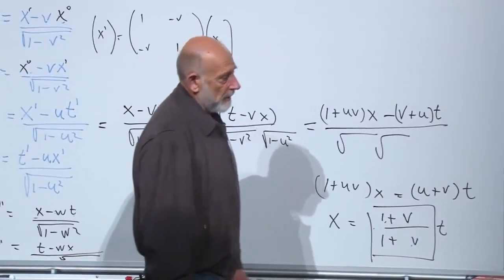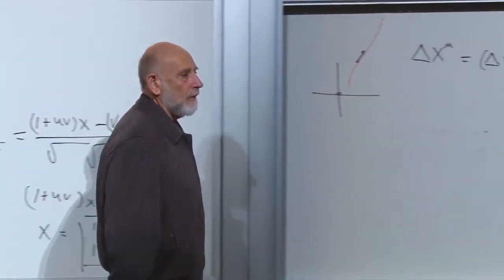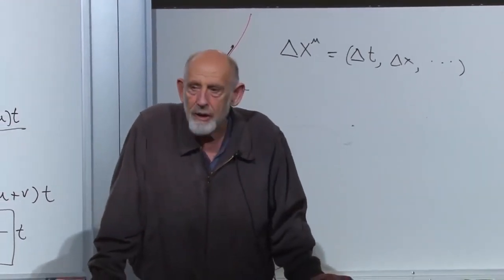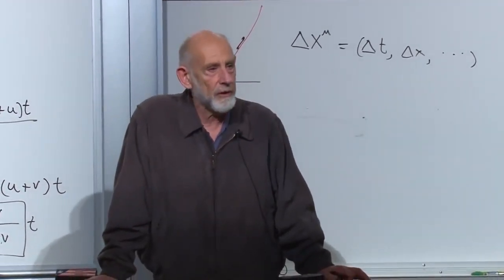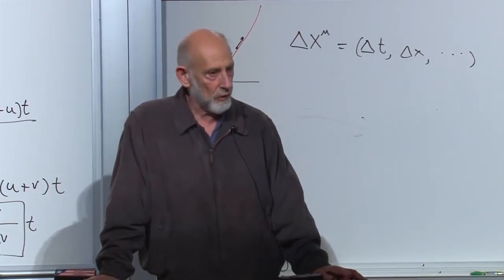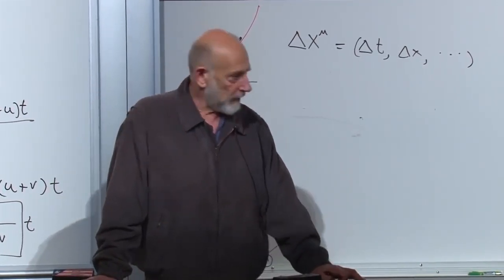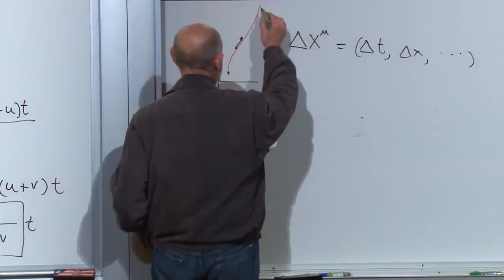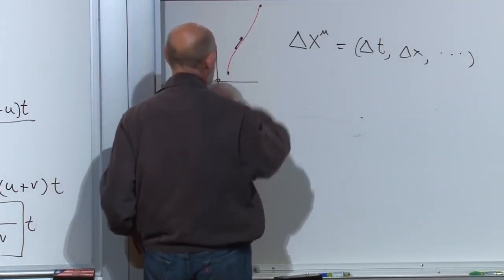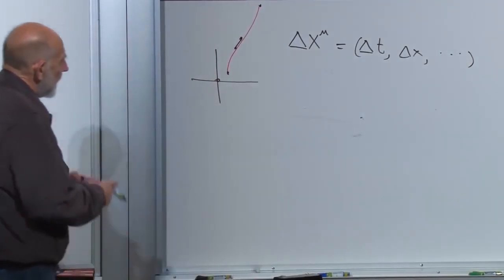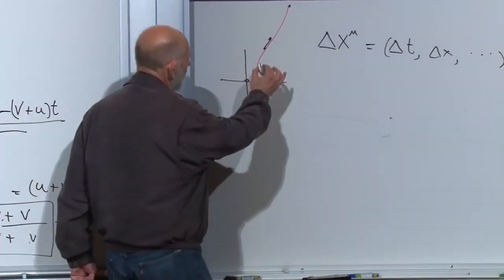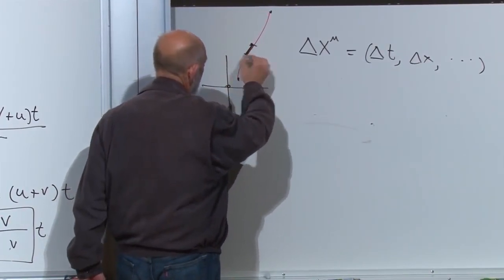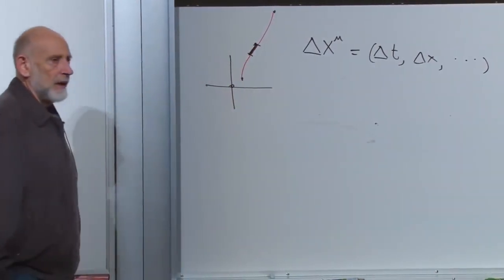What I want to do now is to introduce a notion of four-velocity, four-dimensional velocity, which is a little different than the normal notion of velocity. This could be the trajectory of a particle from here to here, and I'm interested in a notion of velocity at a particular instant over here.